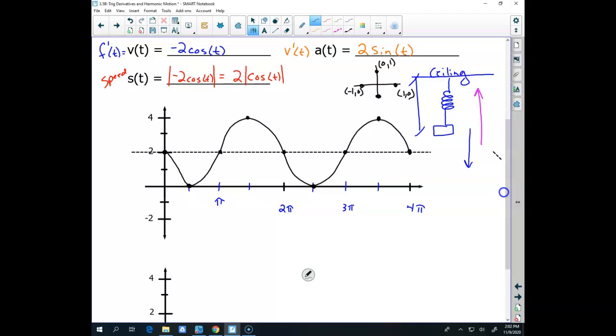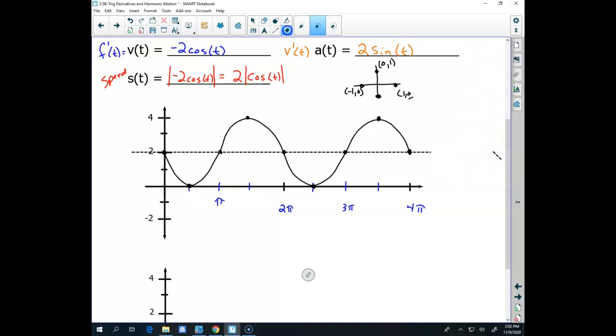Oop, that was really bad there at the end. So I got pretty dang close. And remember, that's my position function. I'm going to get rid of my little ceiling diagram here in a second. And hopefully I don't need my unit circle.